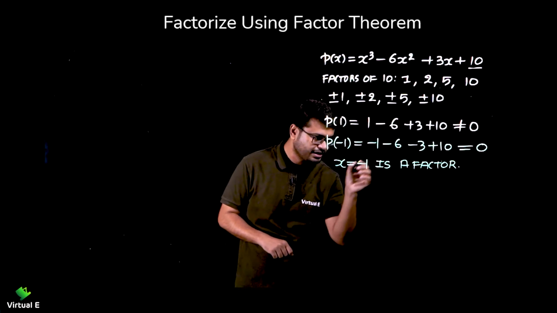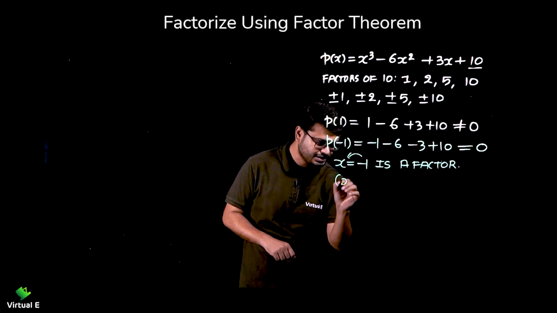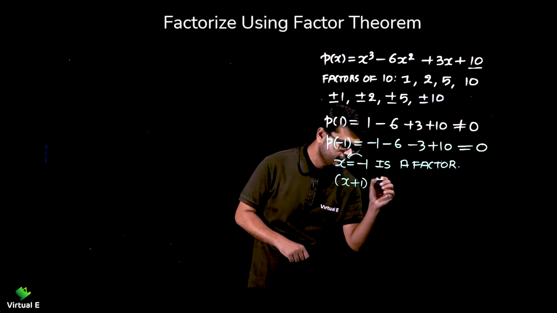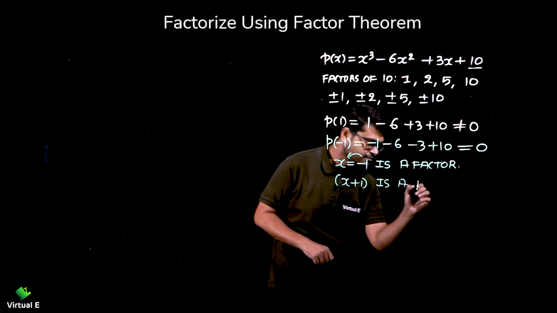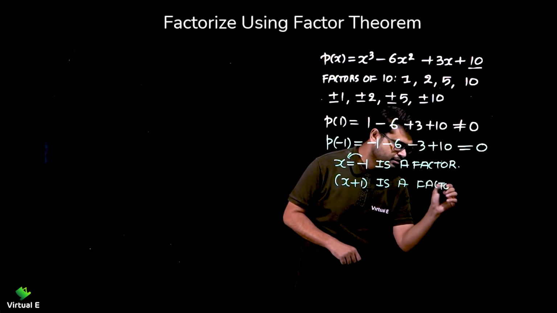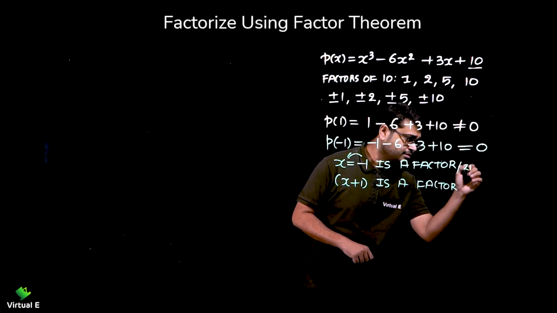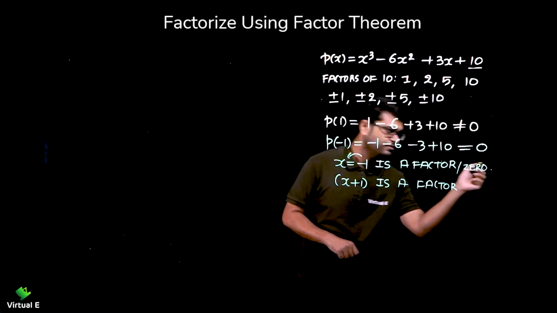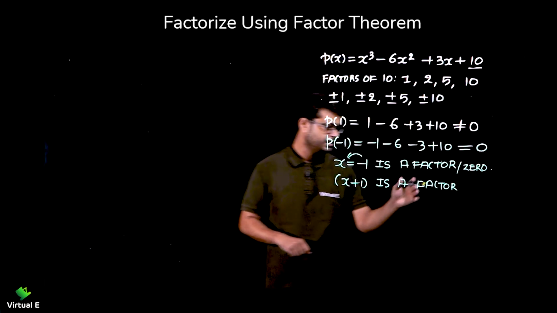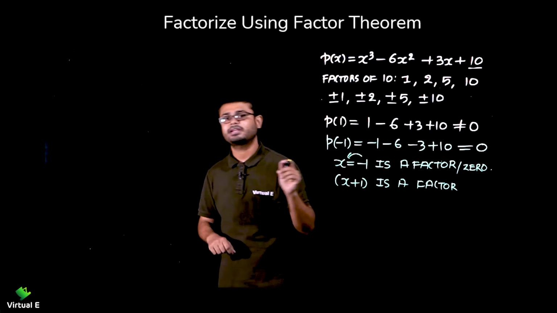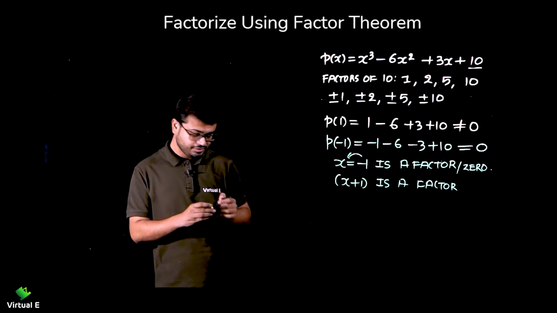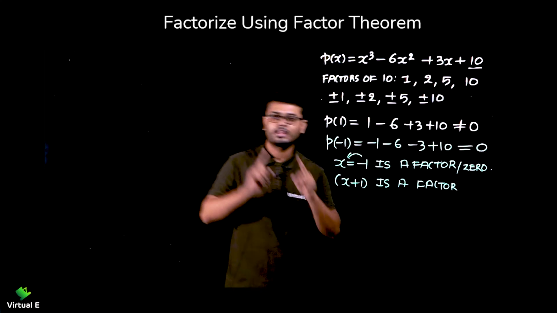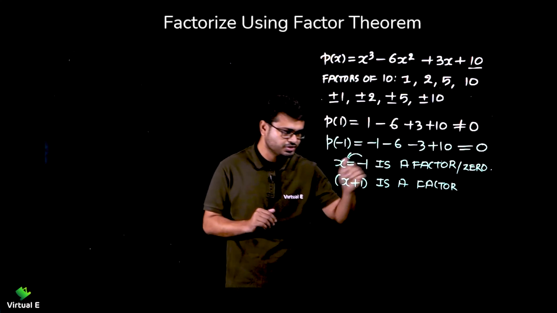So if I shift it over here, that is x plus 1 is a factor. Generally you can write 0 as well here, for a better idea. So this is the factor x plus 1. Now I told you that first of all we will get one factor, and we got x plus 1.